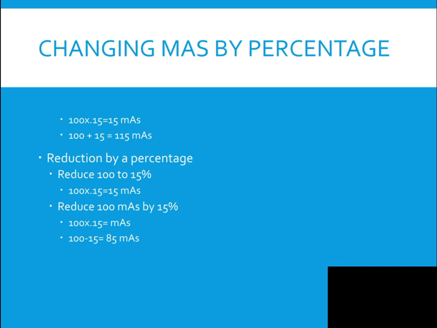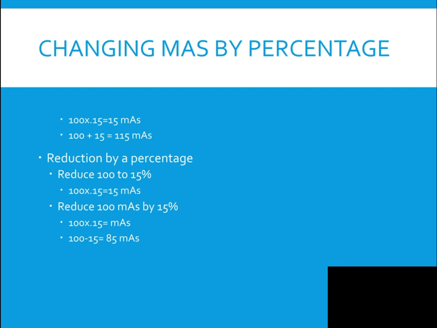So reduction by percentage, kind of the same thing, but now it becomes a subtraction problem instead of an addition problem. So reduce 100 by 15%. You can do a couple of things. One is that you can just work it out longhand and say 100 times 0.15 and then subtract that from the 100, and that gives you your 85.